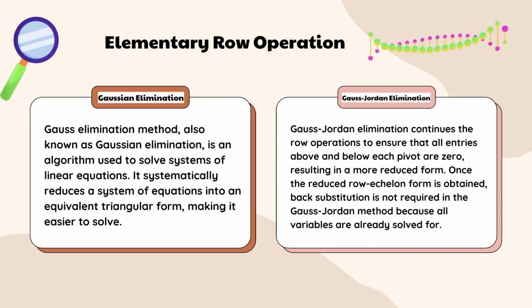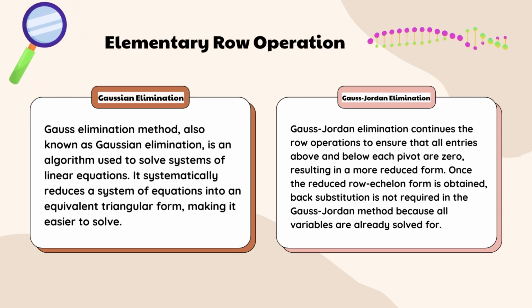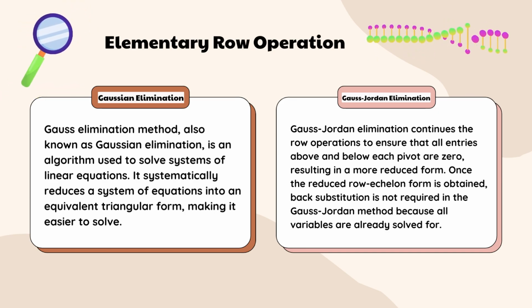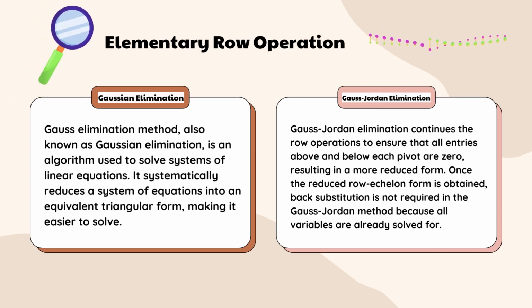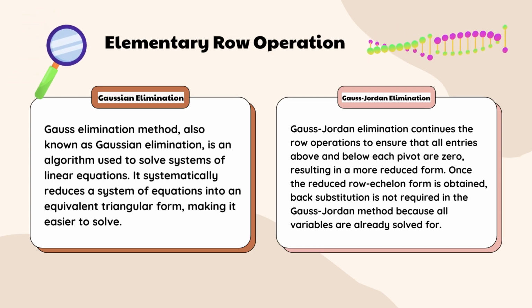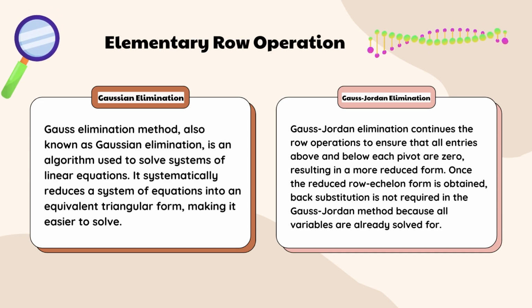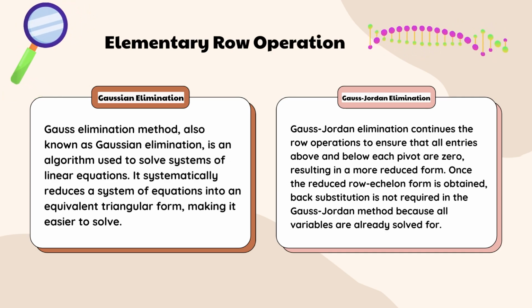Next up is elementary operations, and I want to give a brief description about what Gaussian elimination and Gauss-Jordan elimination is. So to start with, Gaussian elimination is also known as the Gauss elimination method. It's an algorithm used to solve systems of linear equations. It systematically reduces a system of equations into an equivalent triangular form, making it easier to solve.